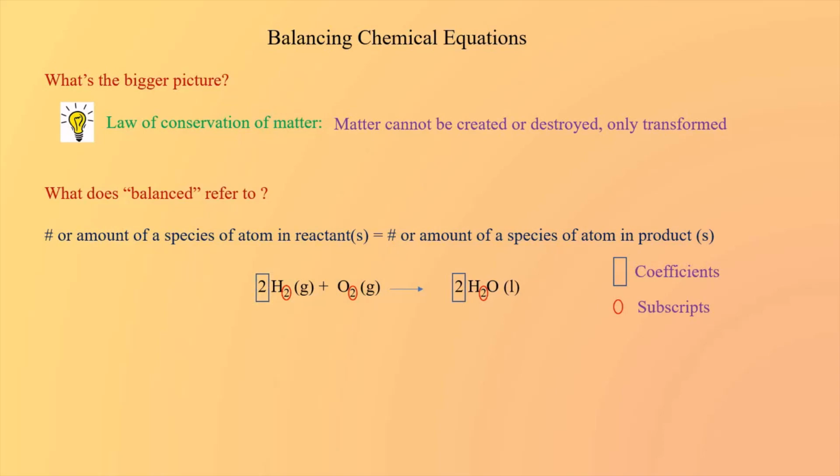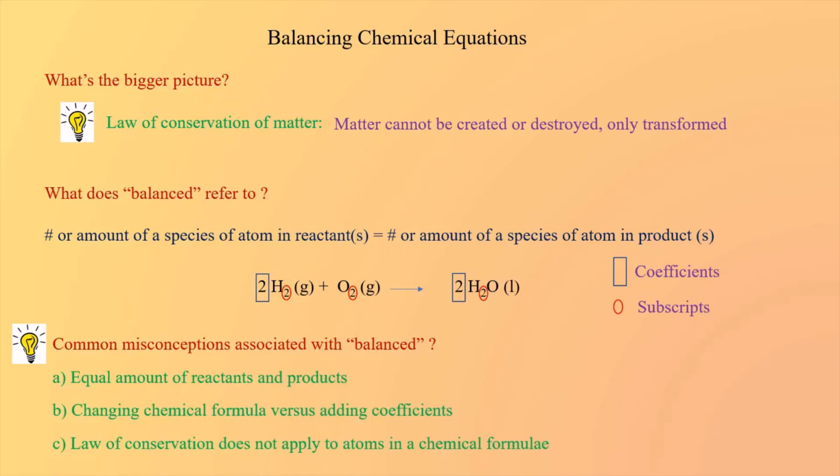Now, why did we talk about these two separately in conjunction with balancing chemical equations? Literature search indicates that there are common misconceptions associated with the idea of balanced when students learn these concepts. Some of them even retain these misconceptions well after they learned the concept. Maybe they truly didn't learn it. Either way, the first common misconception is that because the idea of balanced is almost treated as equal in day-to-day life, they assume that the total of reactants should be equal to the total of products.